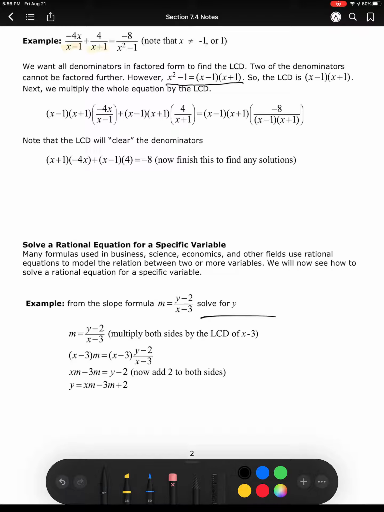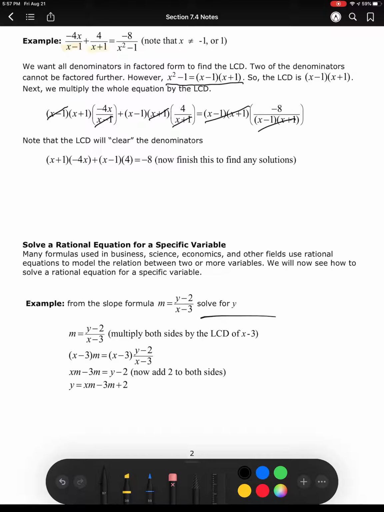And what happens is the x minus 1 on the bottom will cross out with the x minus 1 on the top. The x plus 1s cross out, and then this whole thing crosses out, and it comes out to be, again, a quadratic equation this time. But with the fractions gone, it's just a whole lot easier to tackle.